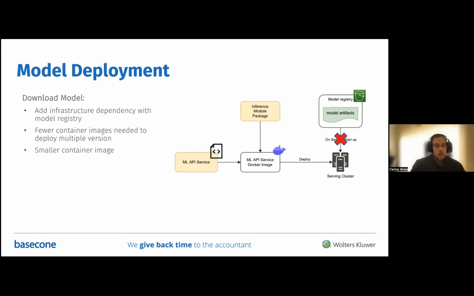But this approach also has some positive aspects, because the Docker images are smaller, because we don't have the model artifact inside it, and also it can be easier to deploy multiple versions of the model, because we only need a generic Docker image of the application, and we can control the model that will be deployed through environment variables that are set in the deploy of the application.